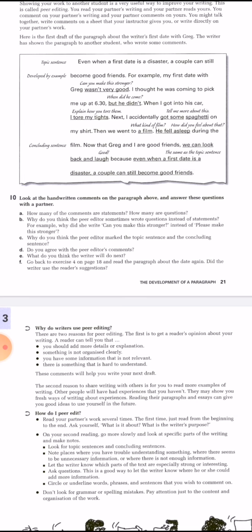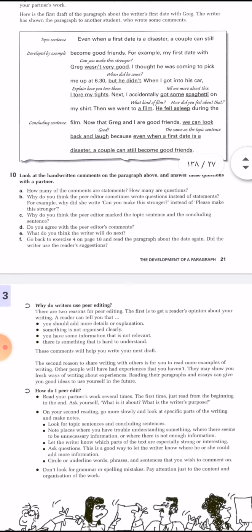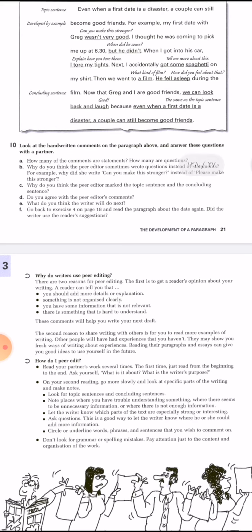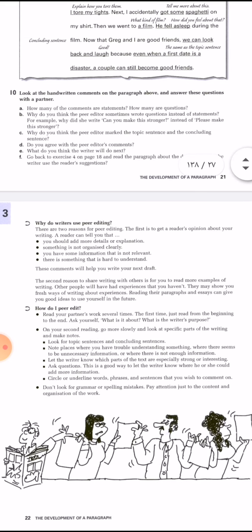How are the questions وإلى آخره. Why did the peer editor sometimes write questions instead of statements؟ يعني ليش المنقح زميلك المنقح كتب يعني أسئلة مو إخبار، ما جاي يخبر وإنما جاي يسأل وإلى آخره. And do you agree with your peer editor's writers؟ هل تتفق معه أو لا وإلى آخره.